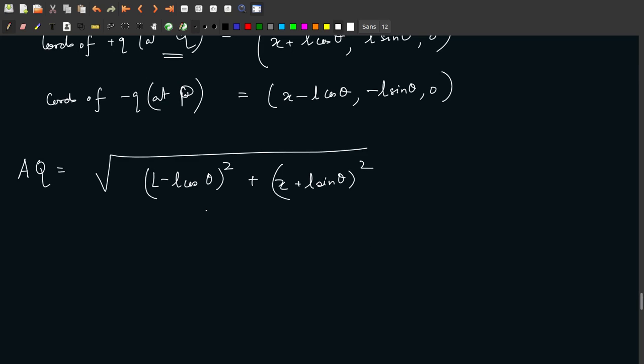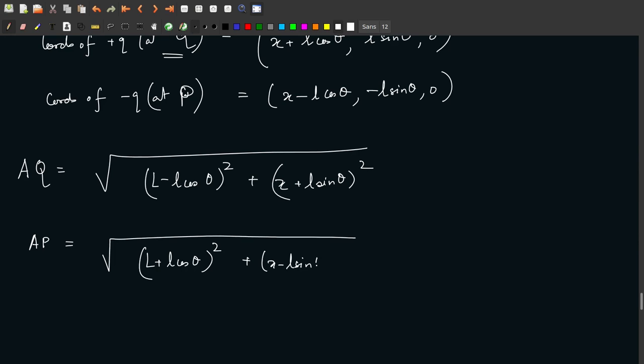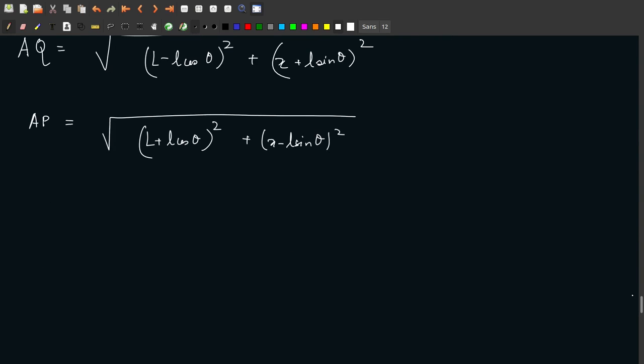Now the distance AP is given by root over of (L plus l cos theta) whole square plus (x minus l sin theta) whole square.